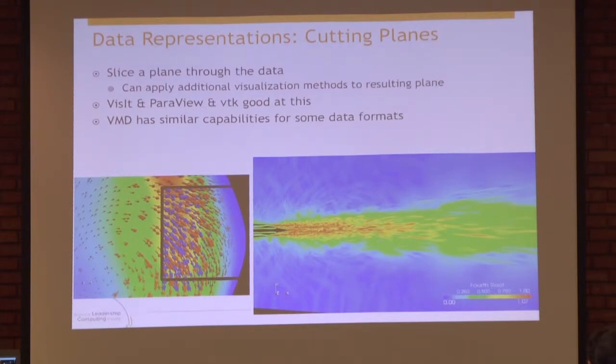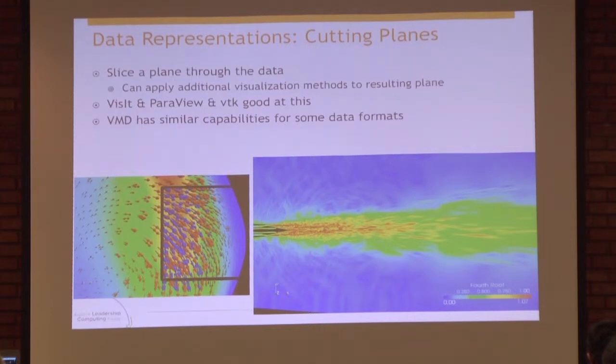And then in addition to doing these cutting planes, you can also apply other filters or other algorithms to the resulting data. So in this, for instance, in the image on the left, we're also applying glyphs to points on the plane.